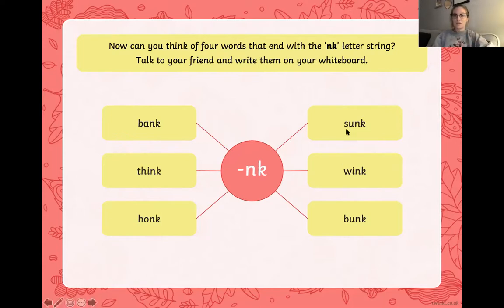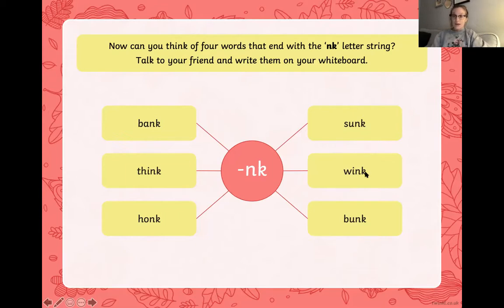Super. My turn. Sunk. Super duper. Now you can have a go at sounding out this one by yourself. Excellent.